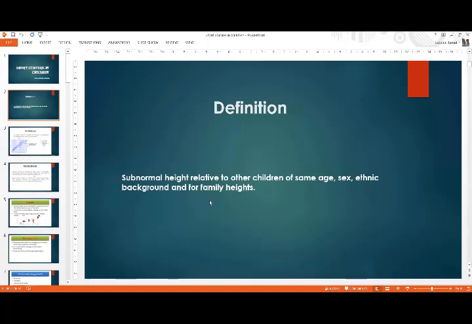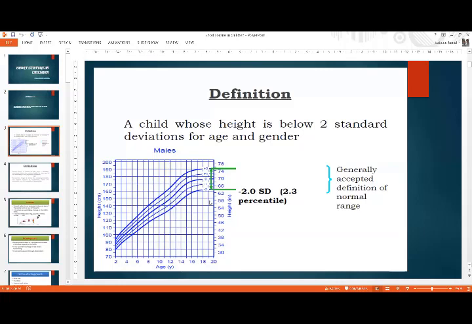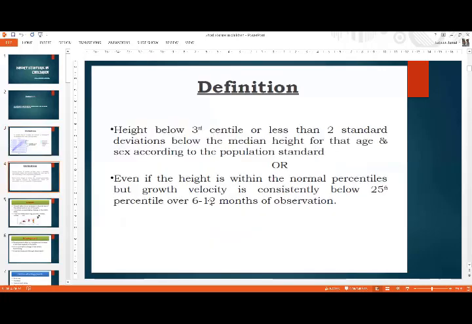But if you go into a very scientific definition, then it is a child whose height is below 2 standard deviations for age and gender. Or it is height below the third centile, or less than 2 standard deviations below the median height for that age, according to the population standards.